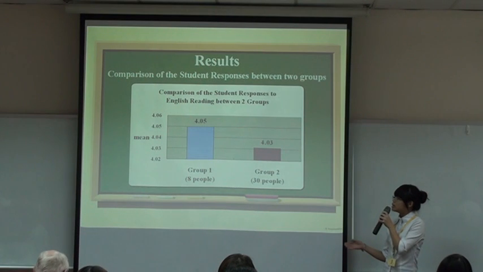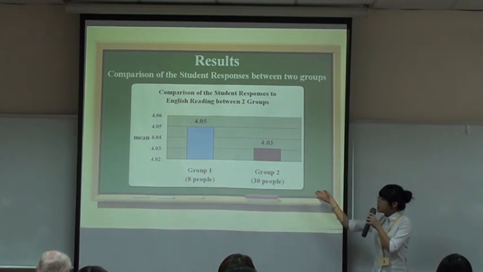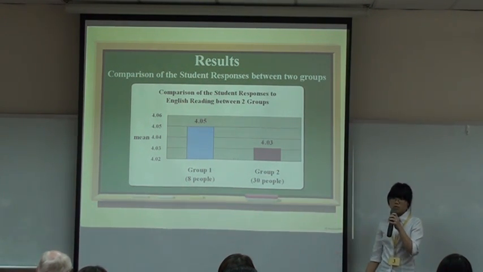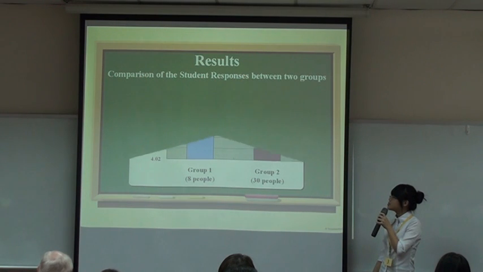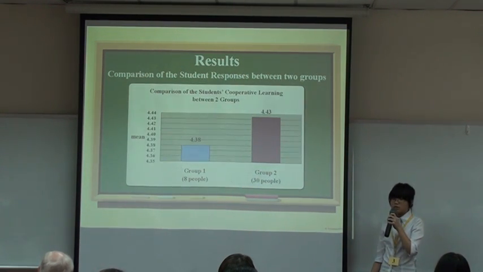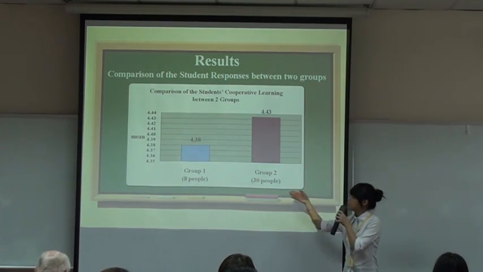According to this bar chart, the mean score of Group 1 was higher than that of Group 2. Because this part is about reading English books, Group 1's older ages cause higher mean scores. According to this bar chart, the mean score of Group 2 was higher than that of Group 1's.